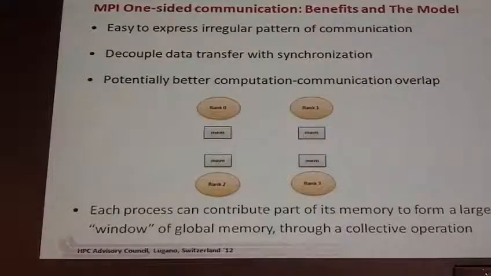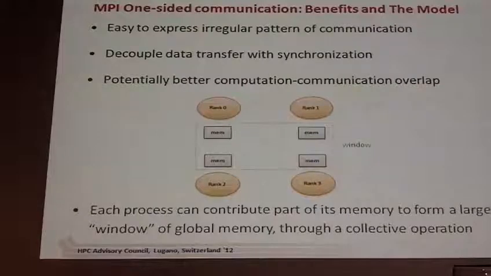Because with send receive, unless you are ready or in your computation you don't reach that point, you will not be able to receive the data. On the other hand, one-sided allows me to do a get operation from you, or put some data to you while you are doing the computation. So it allows for better overlap of computation with communication.